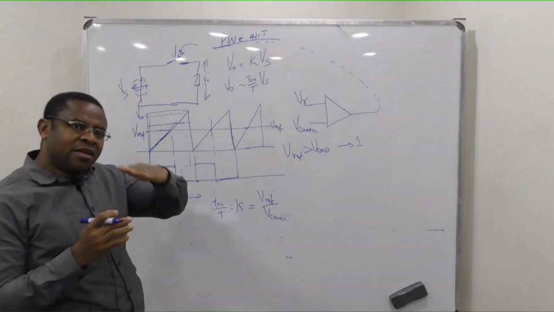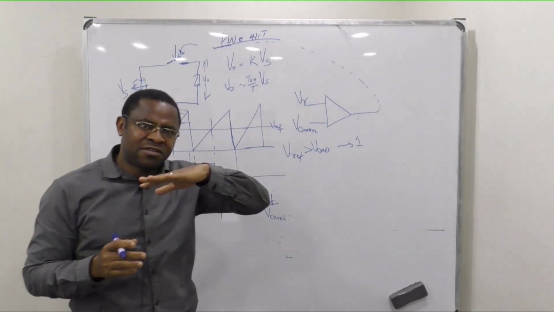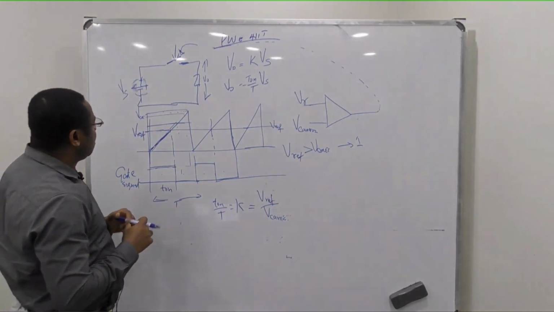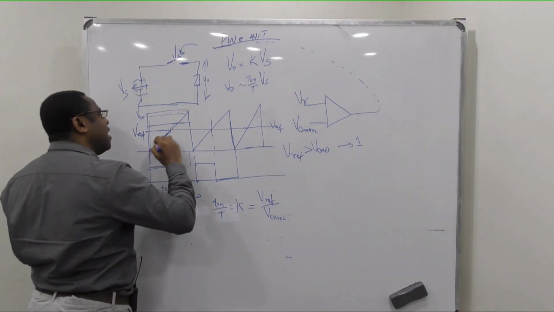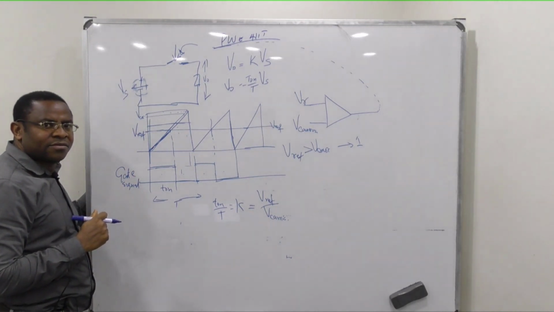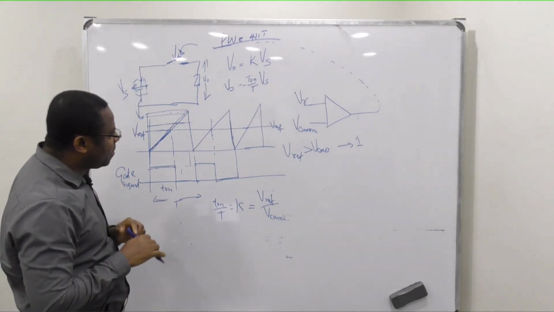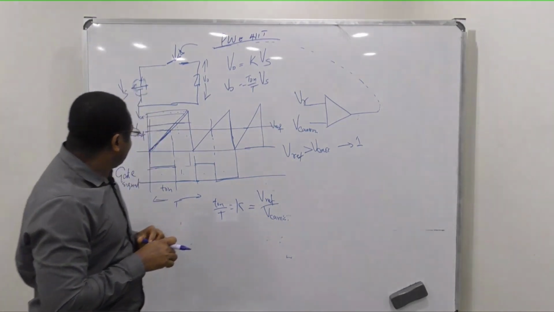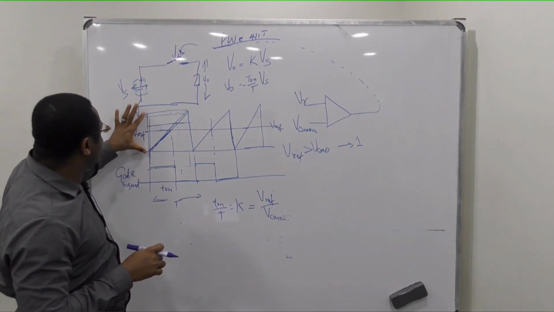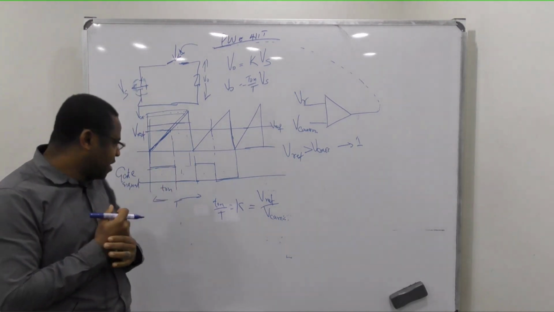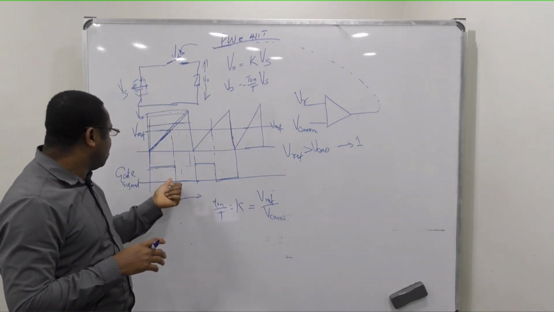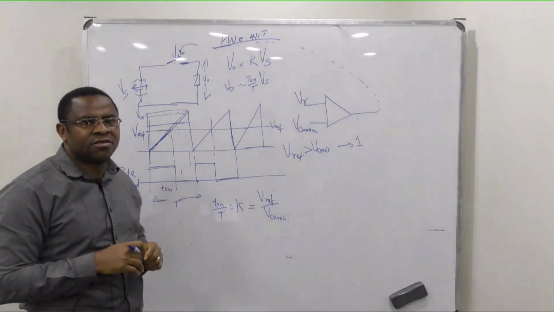Remember that in this case the V carrier is always higher than the Vref. So by taking the reference voltage and dividing by the carrier voltage, you can get the duty cycle. Or you can just look at the time of on divided by the total time.